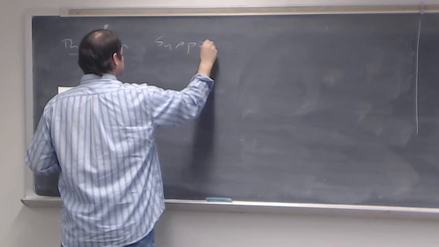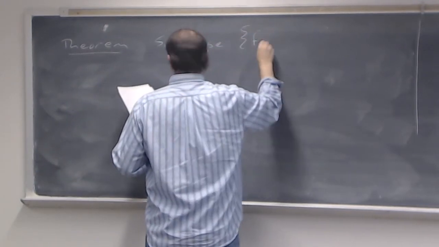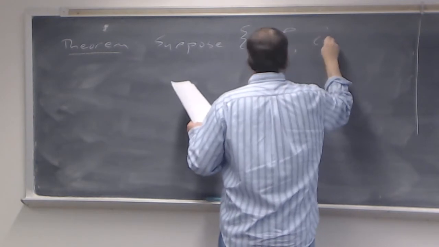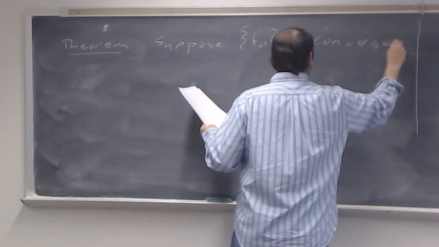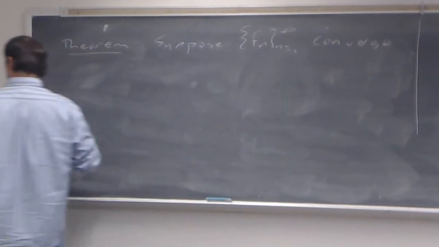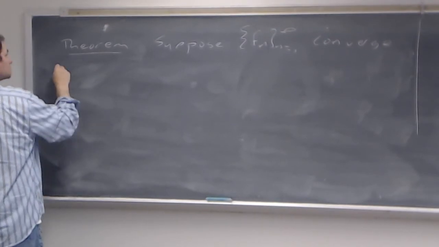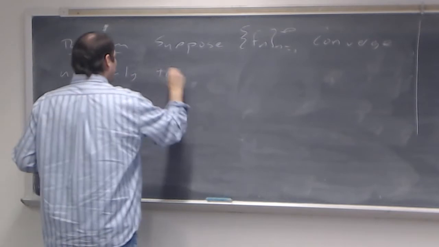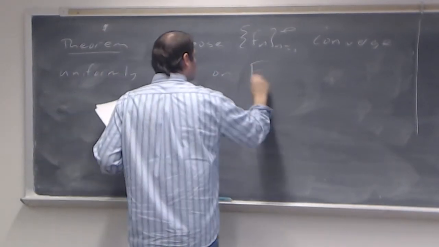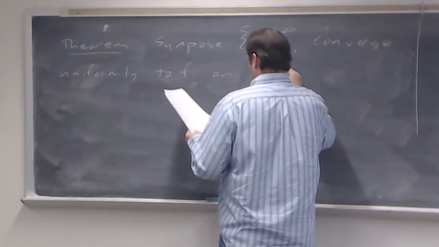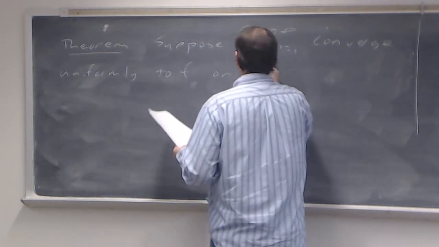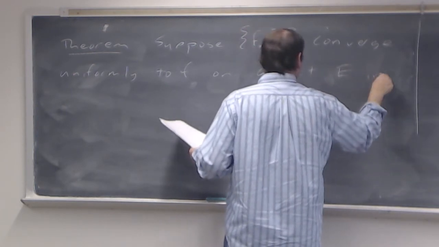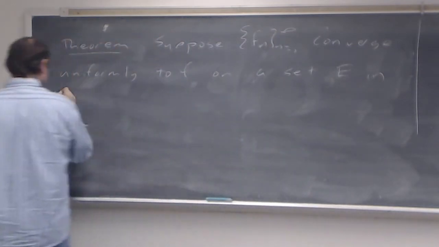Suppose the sequence of f sub n's, a sequence of functions, converges uniformly to f on a set E. We're going to do this very abstractly in a metric space.